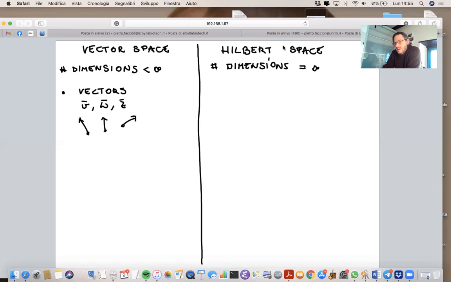But of course, this is not the only thing that defines a vector space. A vector space is defined by operations between vectors, and the operations between vectors are, of course, linear combinations.